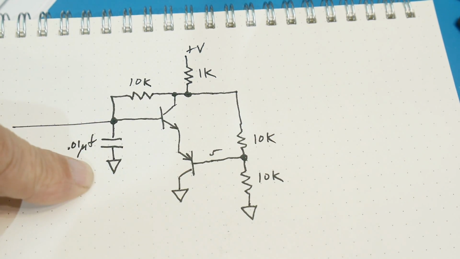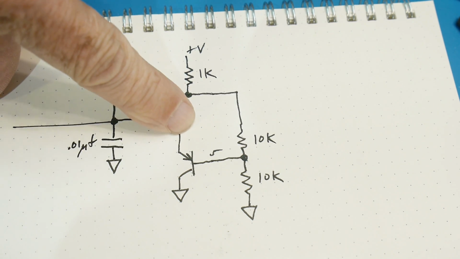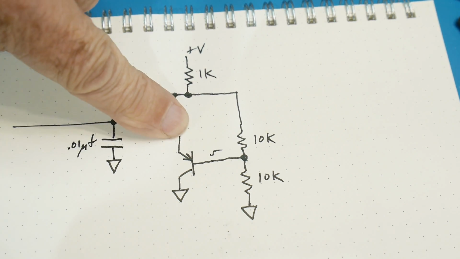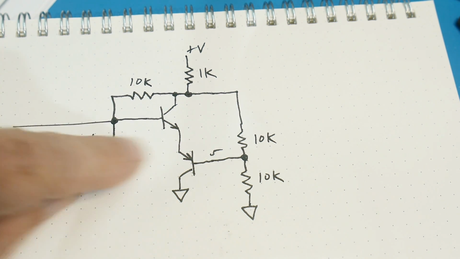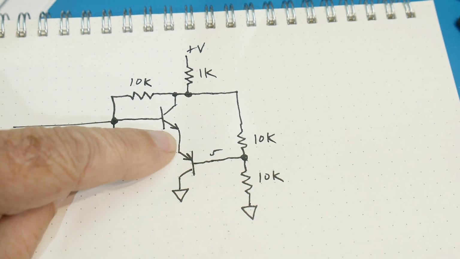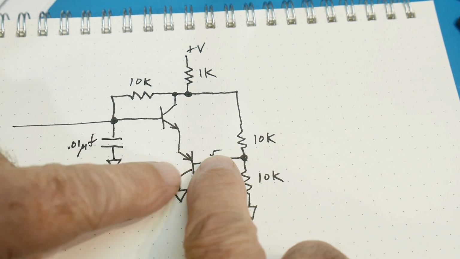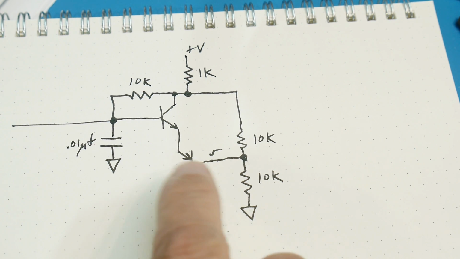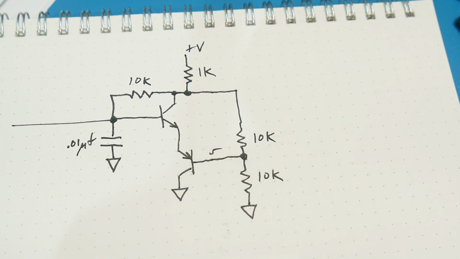So this is an emitter follower, okay? So whatever voltage we have here, that voltage is going to appear over here, minus 0.7 volts, all right? And if we start low, then this will be low. And if this is 5 volts, then if this is 0 volts and 5 volts, this transistor can't turn on. This transistor cannot turn on until we get to about 5.7 volts.